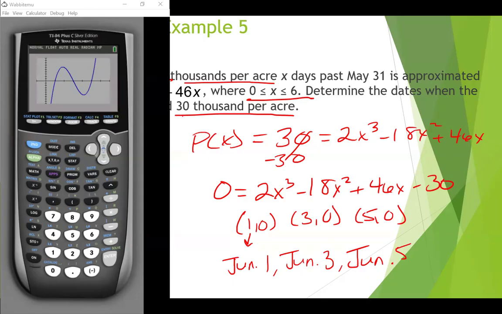And that's what your answer would be. Okay. The whole purpose of a word problem is to apply it to a situation, right? And if I just say 1, 0, 3, 0, 5, 0, that's not telling you what it means for this problem. But I'm telling you on June 1st, June 3rd, and June 5th, you'll have about 30,000 bugs in your farm.